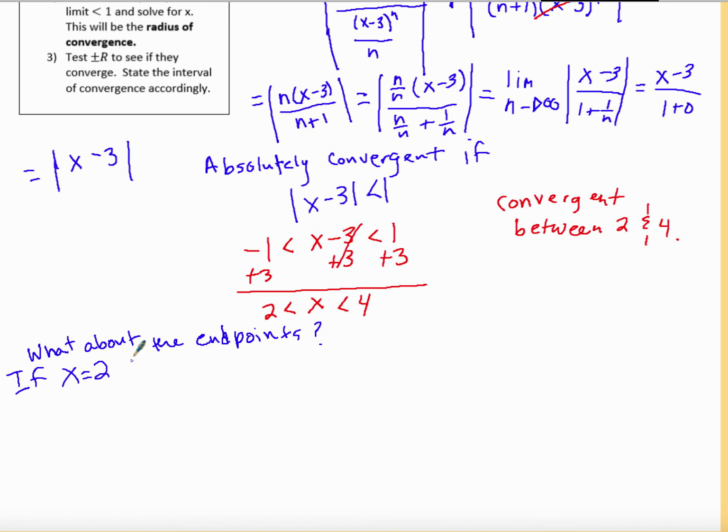Then our sum would have been the sum from n equals 1 to infinity of (2 - 3)^n divided by n. That's just the original problem with the 2 substituted in for our x.